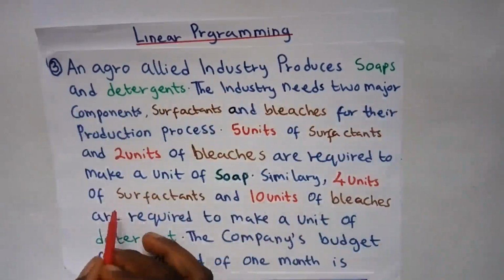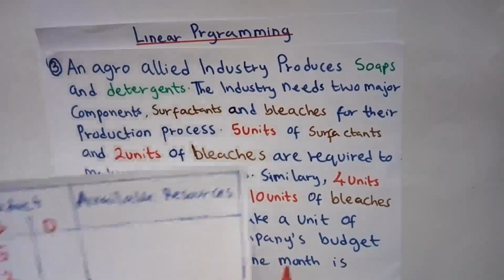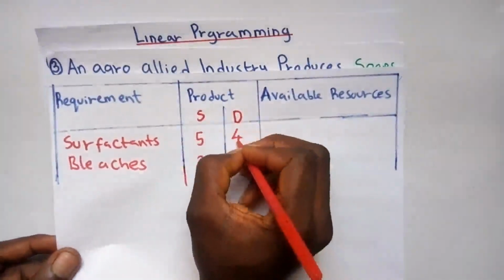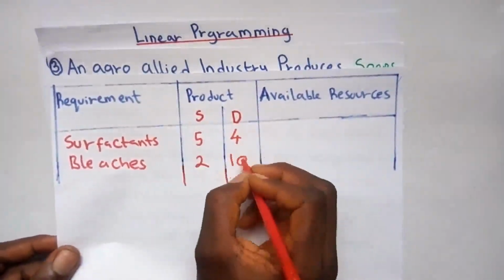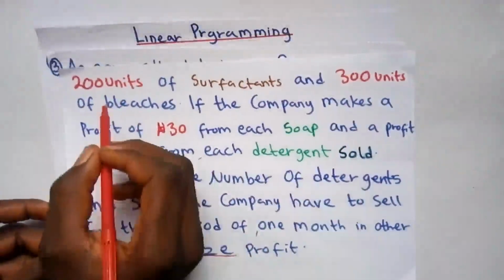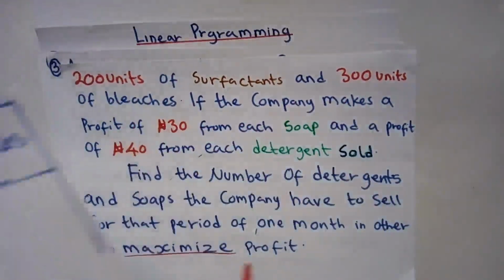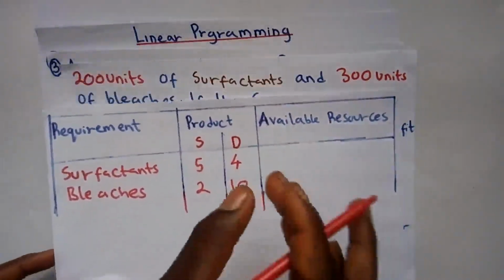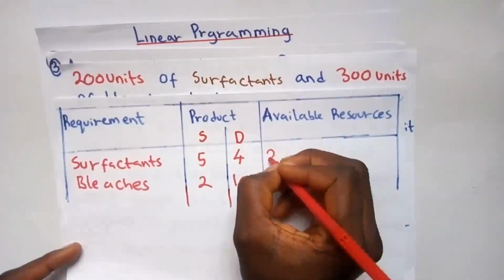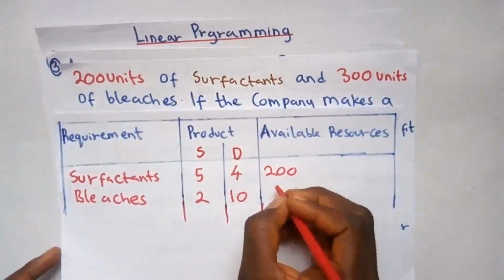Similarly, 4 units of surfactant and 10 units of bleaches are required to make a unit of detergent. The company's budget for a period of 1 month is 200 units of surfactant and 300 units of bleaches. Therefore, the available resources the company have for their production process are 200 units of surfactant and 300 units of bleaches.